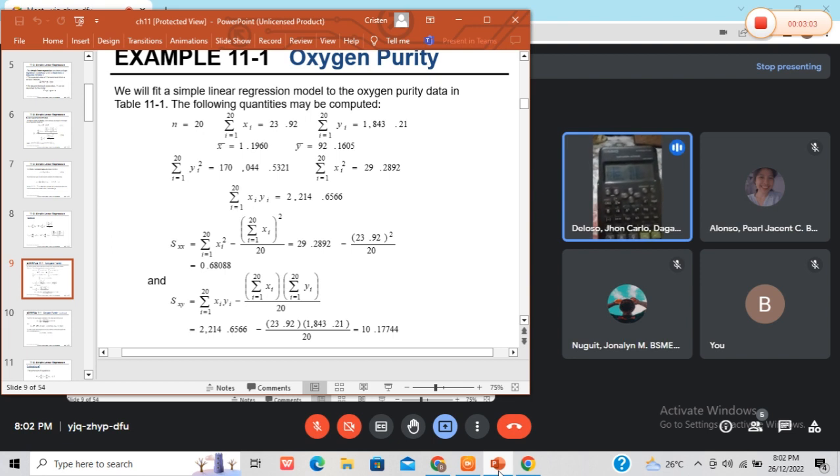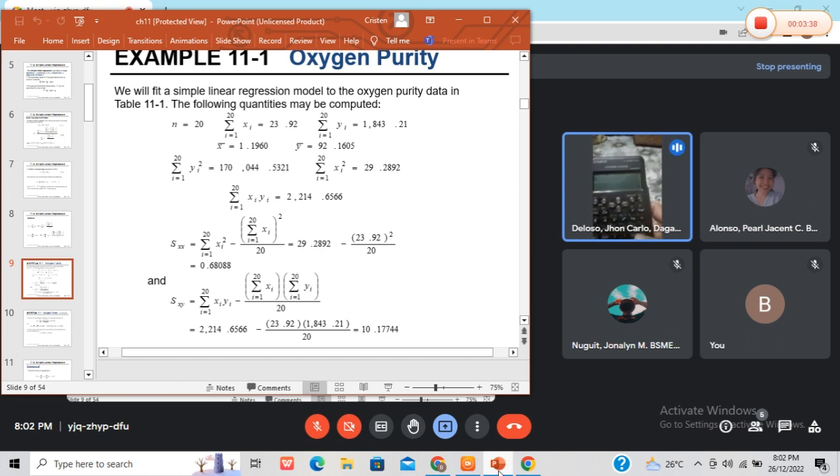The formula has the summation of x squared, so we input x squared, which is 1, minus the summation of x, which is 2, and then squared divided by 20, our number of samples. So we get the same answer, 0.68088.